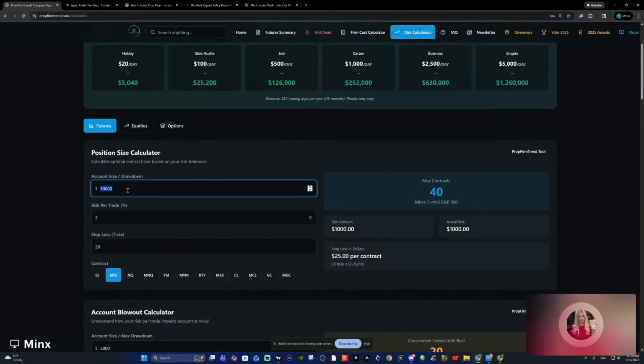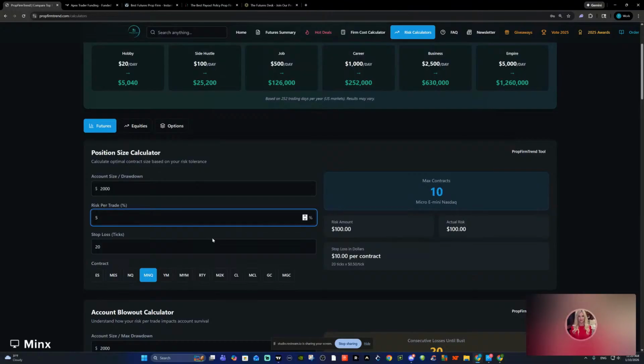So this right here, I wanted to talk to you guys because this is important, and this is how people blow their accounts. Let's just say you get a 50K account, because most people start out with the smaller accounts. Let's go to MNQ. Risk per trade should be anywhere between 2 to 5%. 5% is a little bit higher risk, because obviously you're risking 5% of your account.